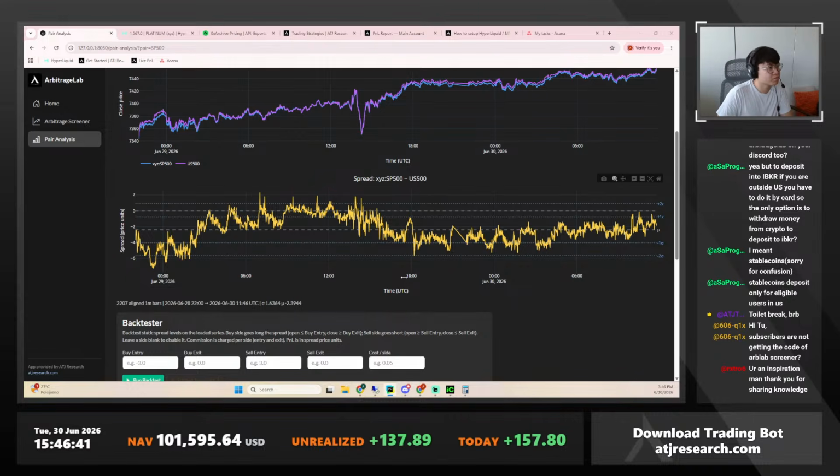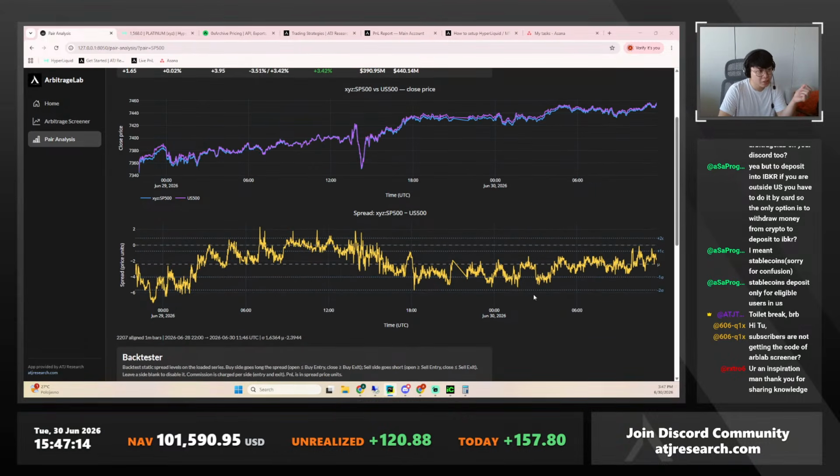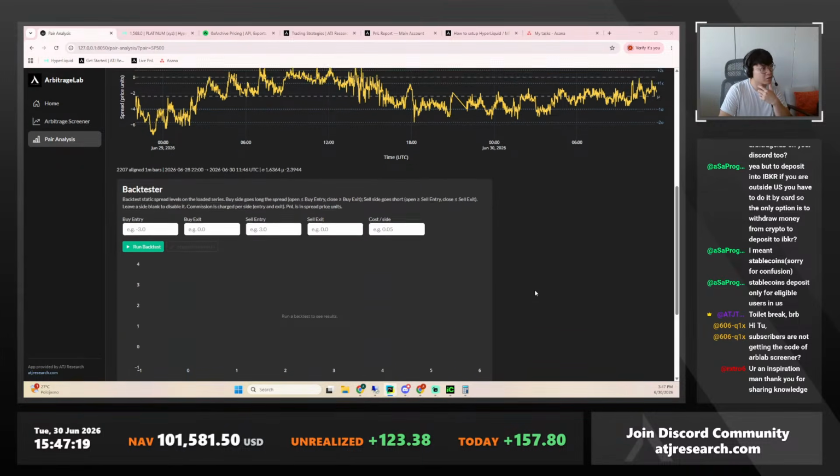So if you don't know what the entry and exit levels should be, you can, for example, just say, okay, I want to enter one standard deviation below or two standard deviations below to enter into my trade. And if it also beats the cost, the commission and the spread on MT5, then you know that you can probably use these settings and try it out yourself.